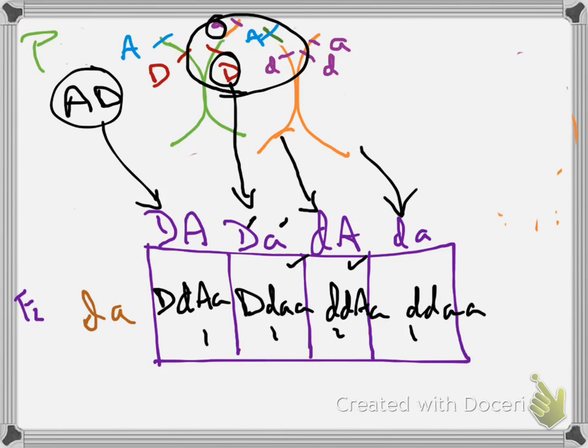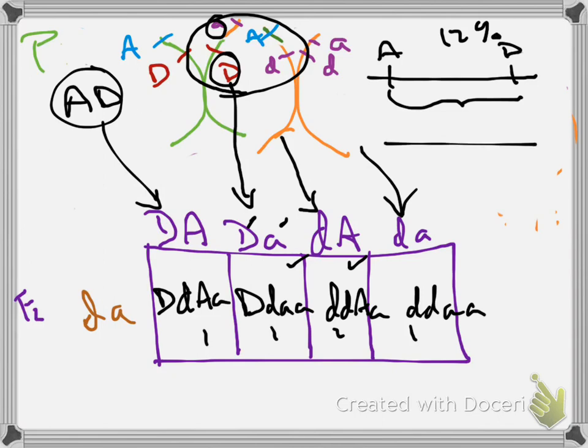Okay, this is an important concept. The closer A and D are to each other on a chromosome, the closer they are to each other, the more likely there's room there for some kind of crossover event. All right, so let's say you've got a 12% chance of getting a crossover there.